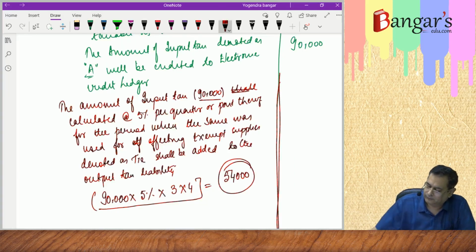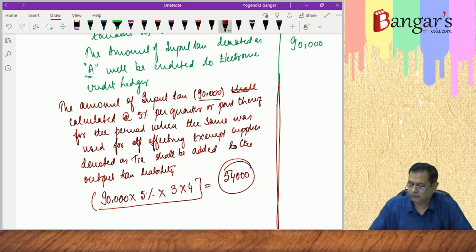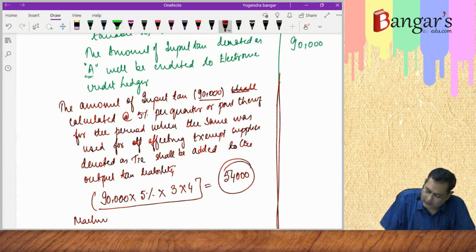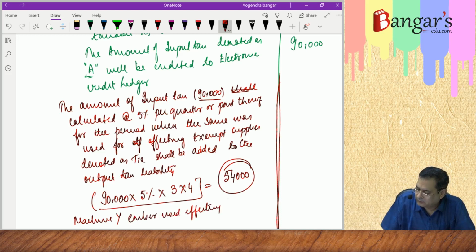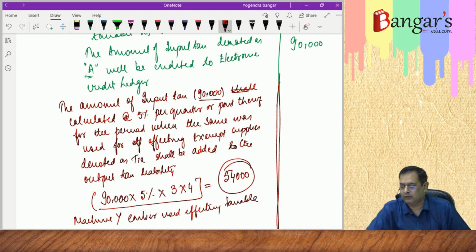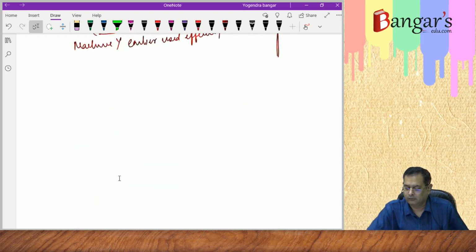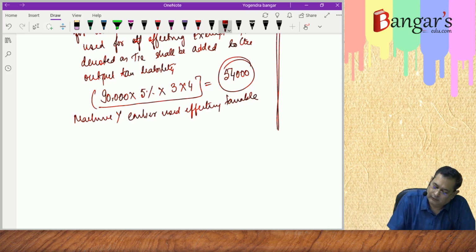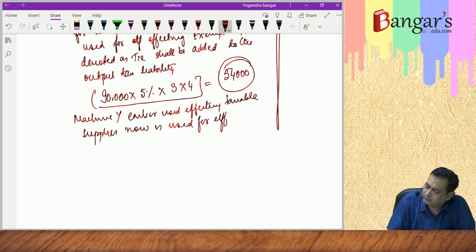So here machine Y, earlier used for effecting taxable supplies, now is used for effecting exempt supplies also.